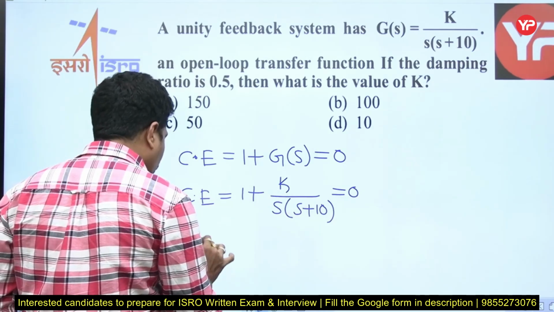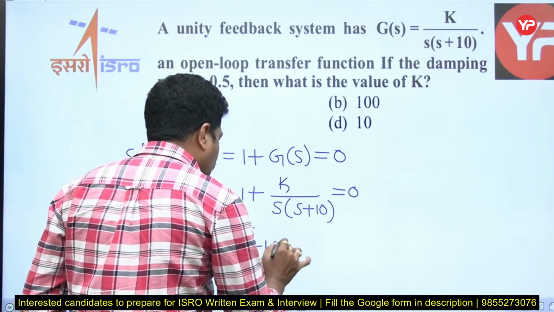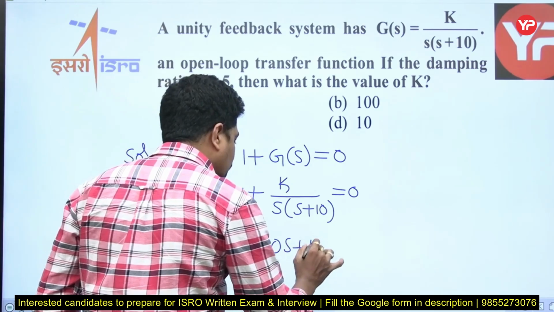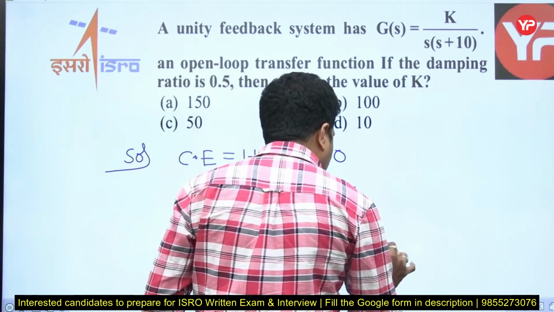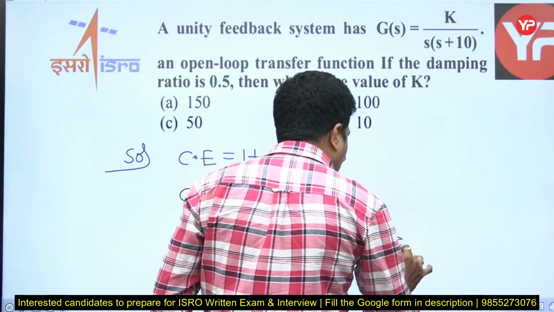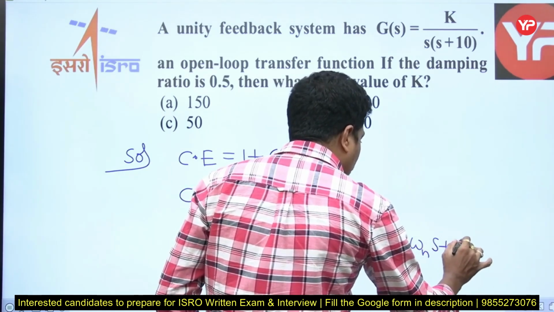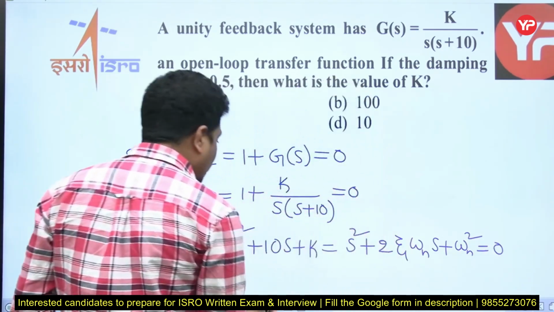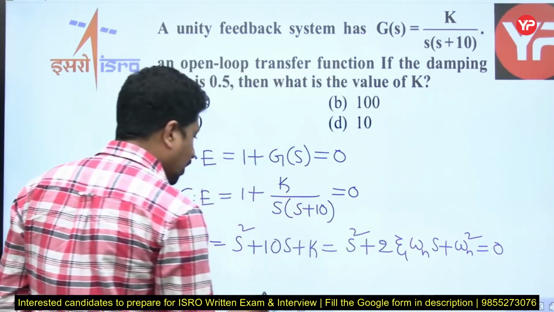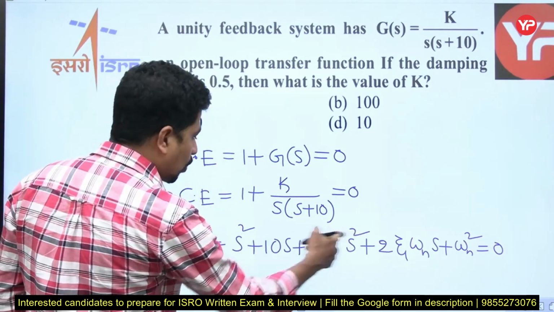So the characteristic equation is S square plus 10S plus K, which we compare with S square plus 2 zeta omega n S plus omega n square is equal to 0. Now you compare, 2 zeta omega n is equal to 10.